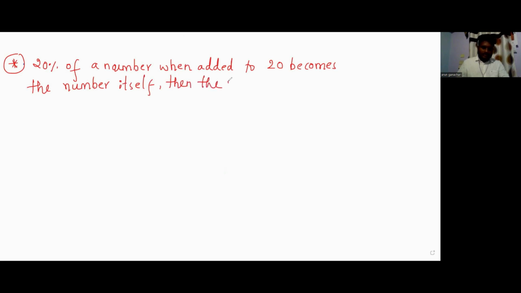Then the number is, your options are 20, 25, 50 and 80. Try this. This is a very easy question.